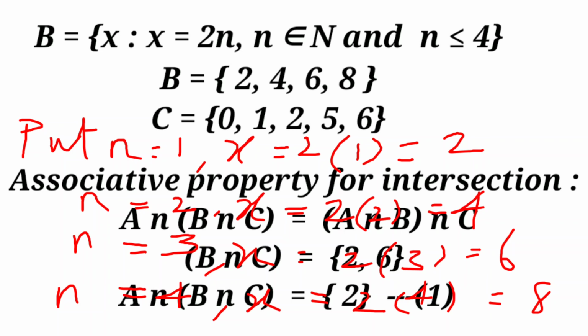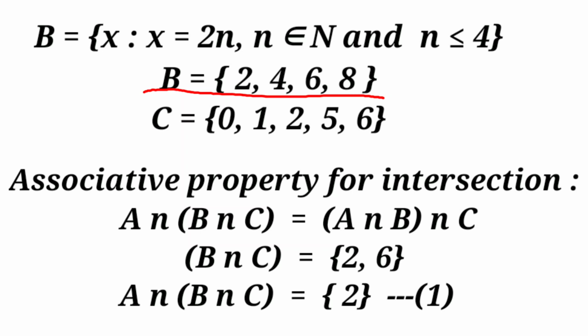Put n is equal to 2, x is equal to 2 into 2, 4. Put n is equal to 3, x is equal to 2 into 3, 6. Put n is equal to 4, x is equal to 2 into 4, 8. Therefore, the set B is equal to {2, 4, 6, 8}. The set C is in roster form. So, C is equal to {0, 1, 2, 5, 6}.